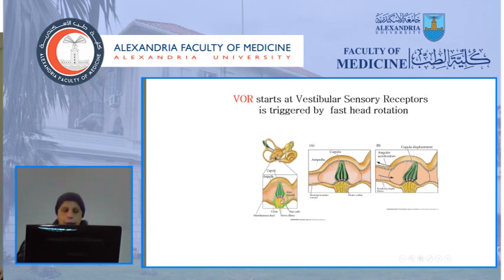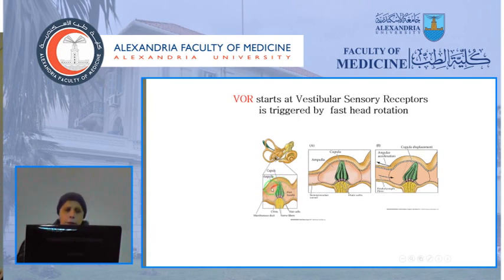What is this complex? It is the sensory receptors that have the hair cells on top of them, and all are immersed in a gelatinous part. It's like a bridge from the base up to the membranous wall of the semicircular canal.